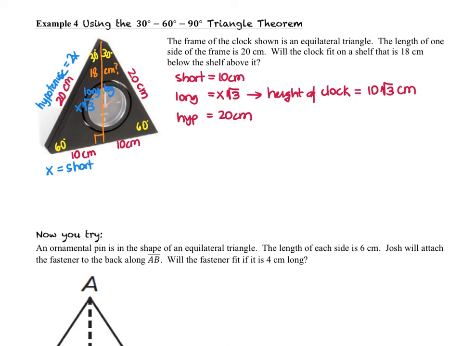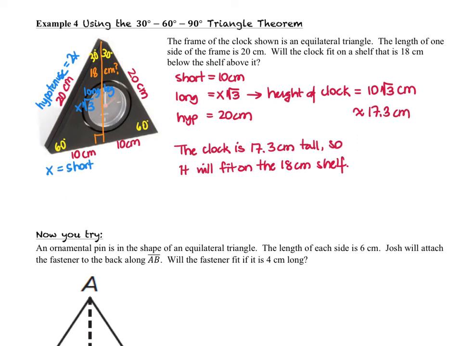Now, while this is a great number, this isn't really an easy number to compare to 18 centimeters. So we're going to put this into our calculator and we're going to get approximately 17.3 centimeters. Since the clock is 17.3 centimeters tall, we know that it will fit on the 18 centimeter shelf. So we're good to go.